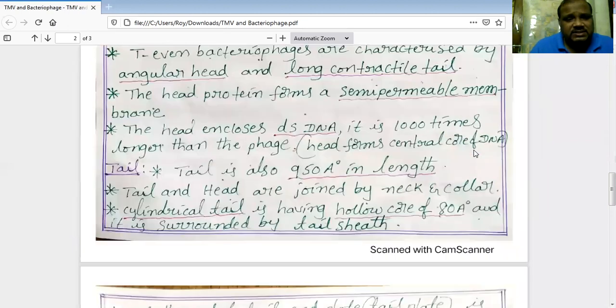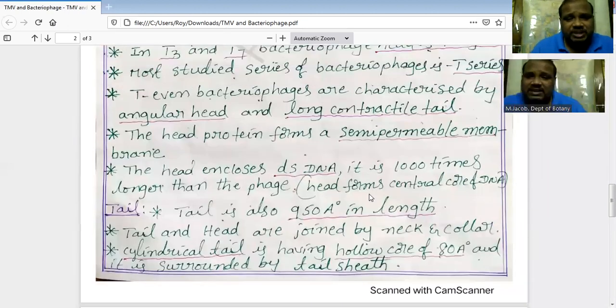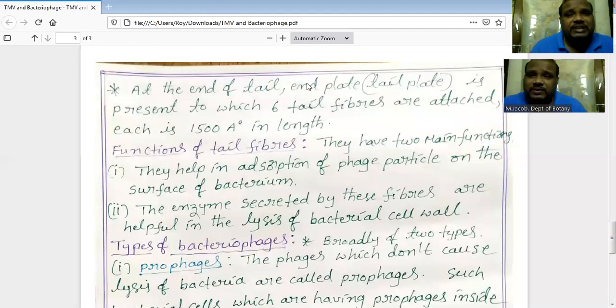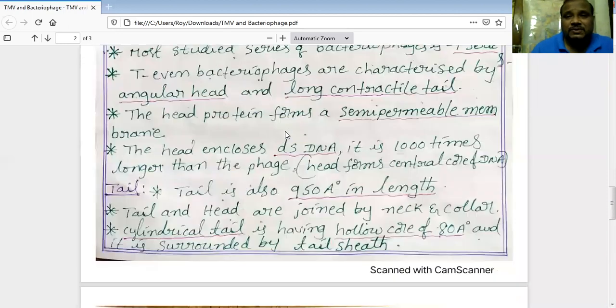Tail is cylindrical in shape, and it is having a hollow core of 80 angstroms, and it is surrounded by tail sheath. At the end of the tail, an end plate is present, to which 6 tail fibers are attached. Each tail fiber is 1,500 angstroms in length.